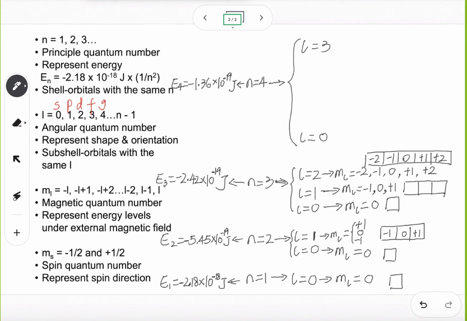Now, we go back to this one here and find out the other values for L. After L equals to 0, the next possible value for L is 1, and then the next possible value for L is 2. So 0, 1, 2, 3. These are the 4 possible values for L when n equals to 4.